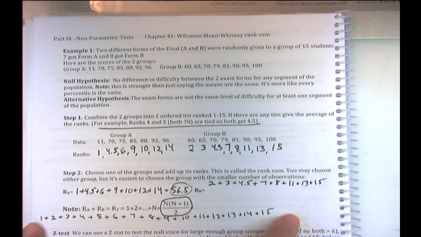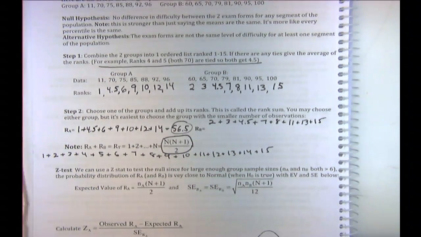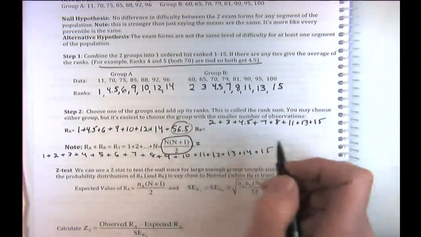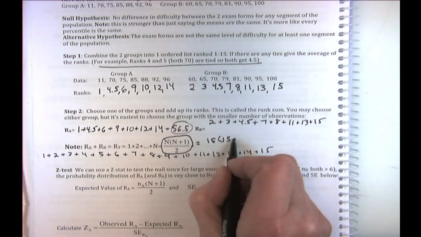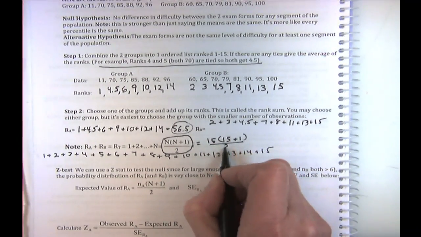So instead, can you see why this might be true? Here, let's look at this. Hold up. All right. Now, watch. This n times n plus 1 over 2, in this case, let me just write down what this is. So we have 15 times 15 plus 1 over 2.